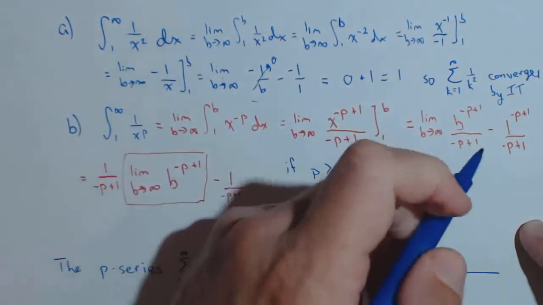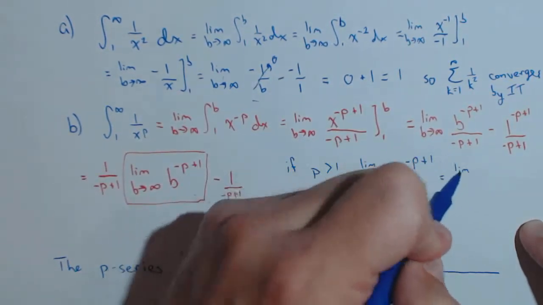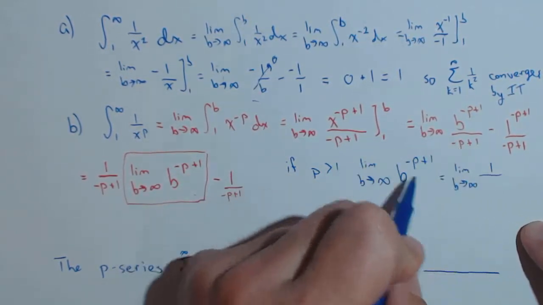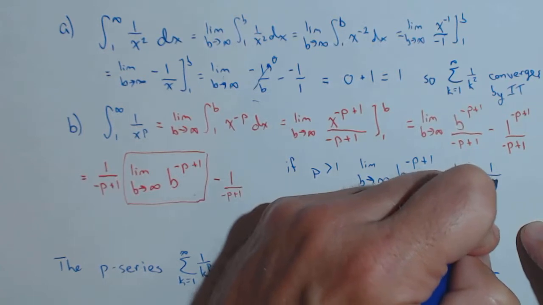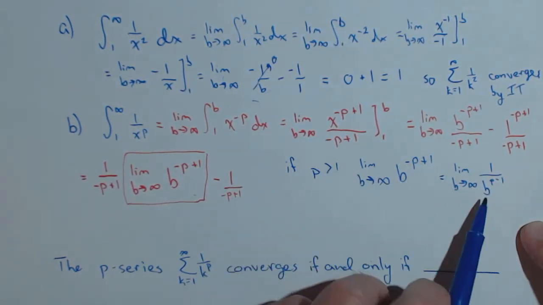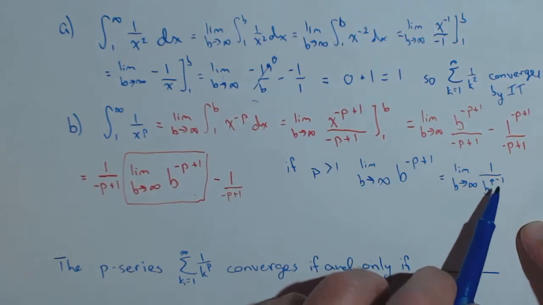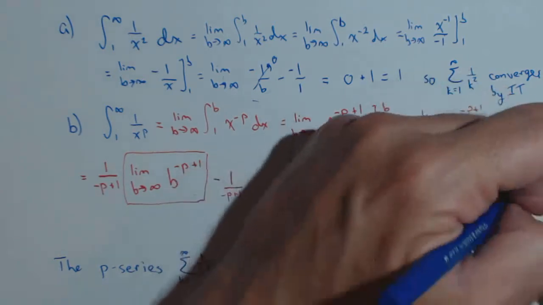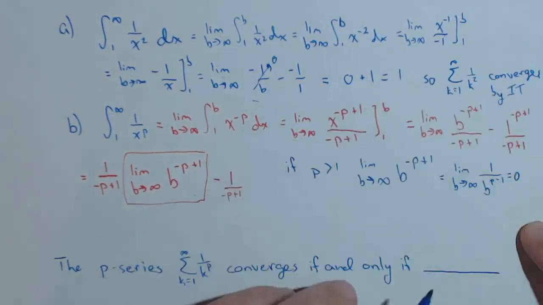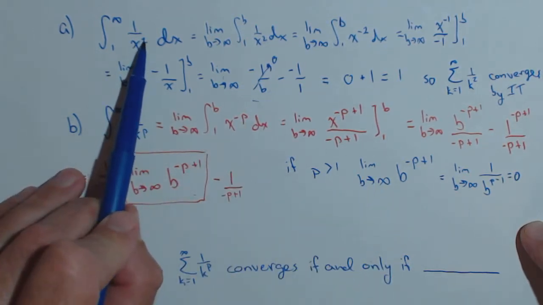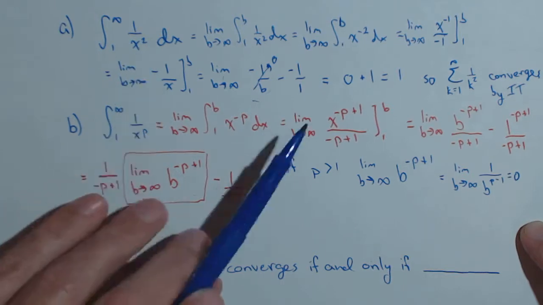In fact, let's do that: limit as b goes to infinity of 1 over b to the p minus 1. As long as p is greater than 1, this has a nice positive exponent, which means the denominator is going to grow, the numerator stays at 1, so this is going to equal 0, and thus it's going to converge. That makes sense because we saw that when p was 2, greater than 1, it converged.